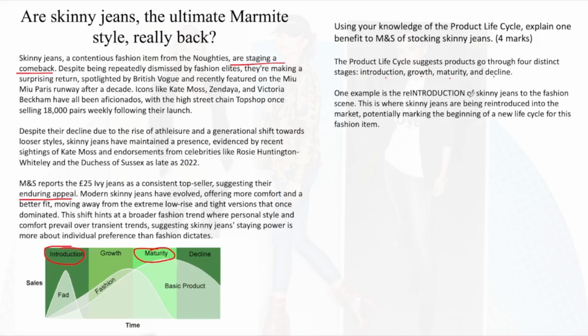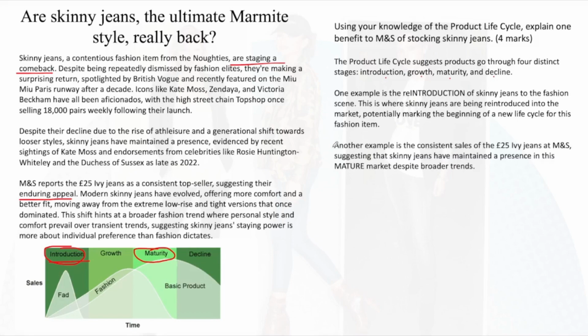I've put that in uppercase for you just so we know we're using the language of the model. "Skinny jeans to the fashion scene." This is where skinny jeans are being reintroduced into the market, potentially marking the beginning of a new life cycle for this fashion item. Okay, so we're using the language of the product life cycle. And another example, separate line, so we can do bullet points, knowledge, application, application.